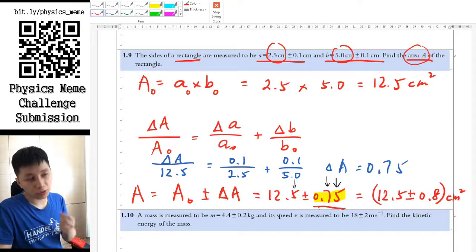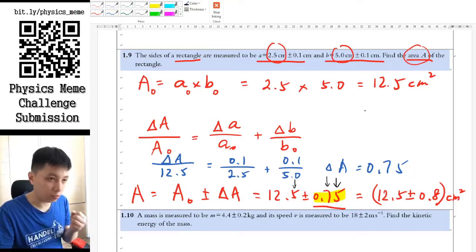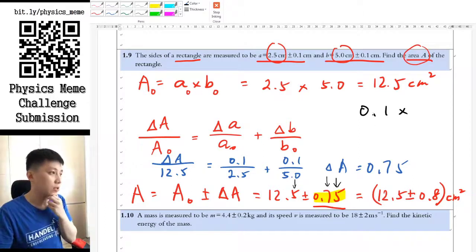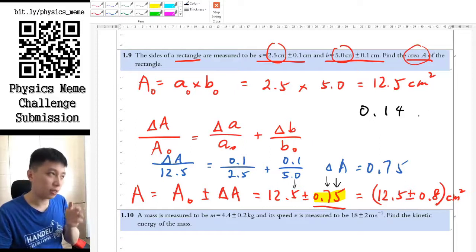There is only one situation where we may consider keeping the absolute uncertainty to 2 sig fig. That is in a situation where you have 0.1 something, or whatever that starts with 1. The main reason is that, let's say it is 0.14, then we will just keep it at 0.14. It's okay to keep that, rather than changing it to 0.1.